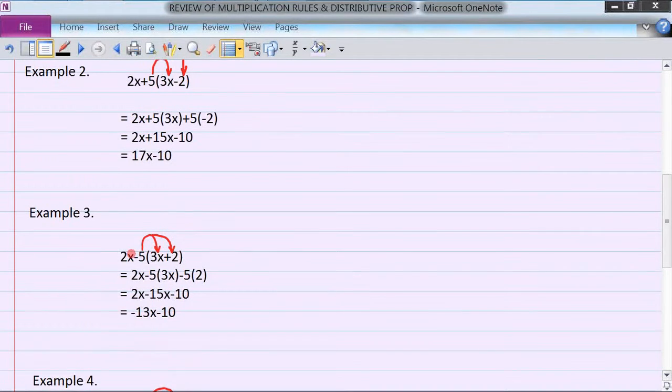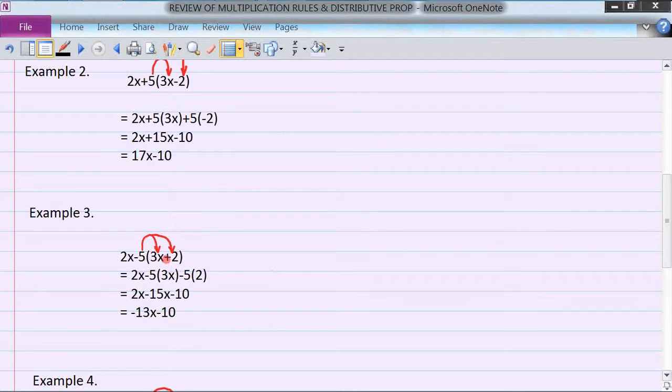So we're going to again use that. Let's say we have 2x minus 5 times 3x plus 2 in brackets. We do the minus 5 times 3x. The signs are different. Minus 5 times 3x by the distributive rule gives us minus 15x because the signs are different.